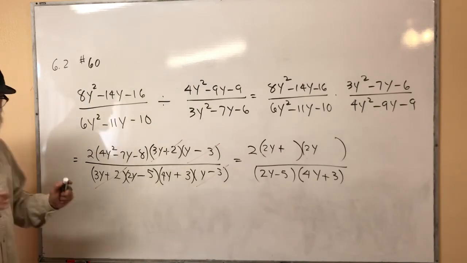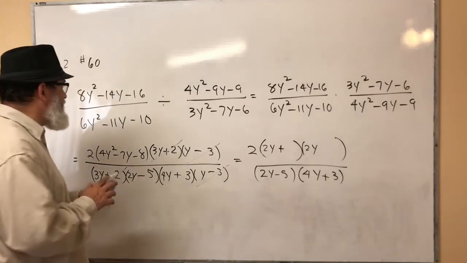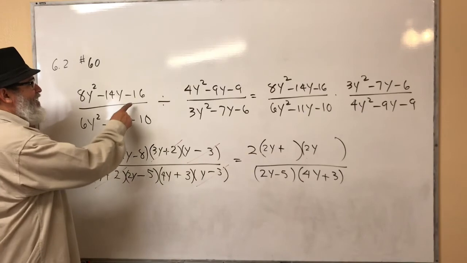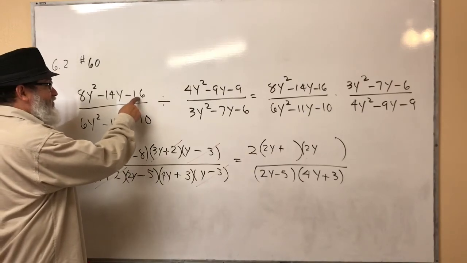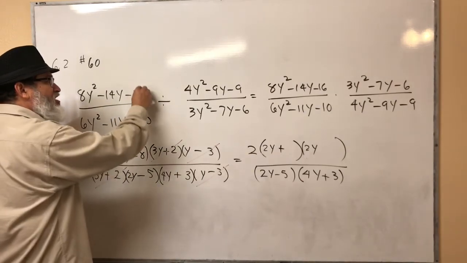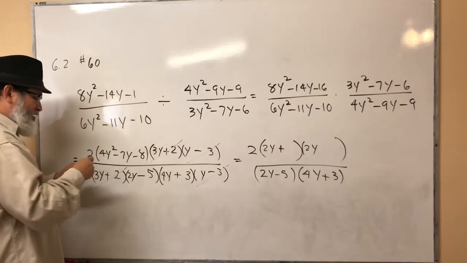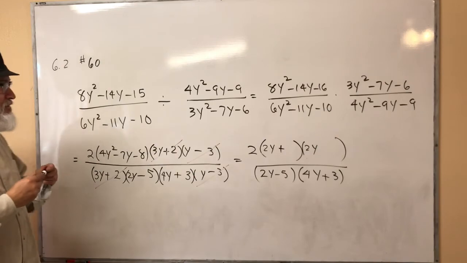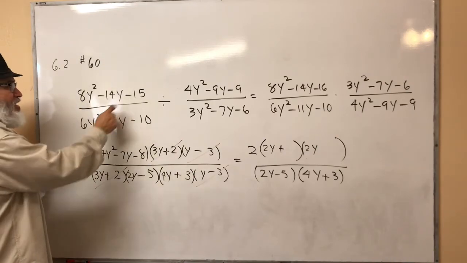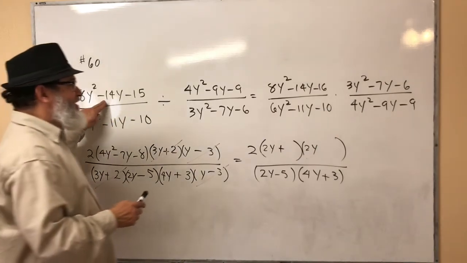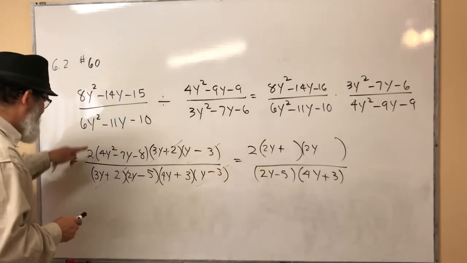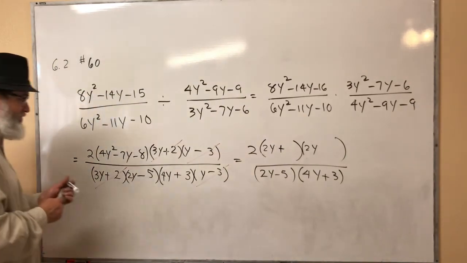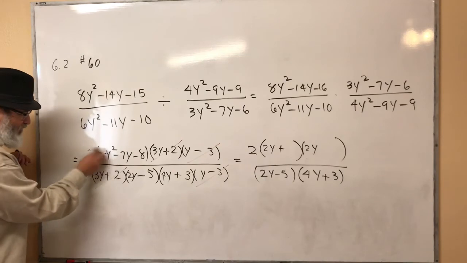Here's the problem. Here's my mistake. Instead of writing minus 15, I wrote minus 16. So I'm going to change this to minus 15, okay? That messed up everything. When I wrote it down, I made a mistake. So this one does not become this anymore.